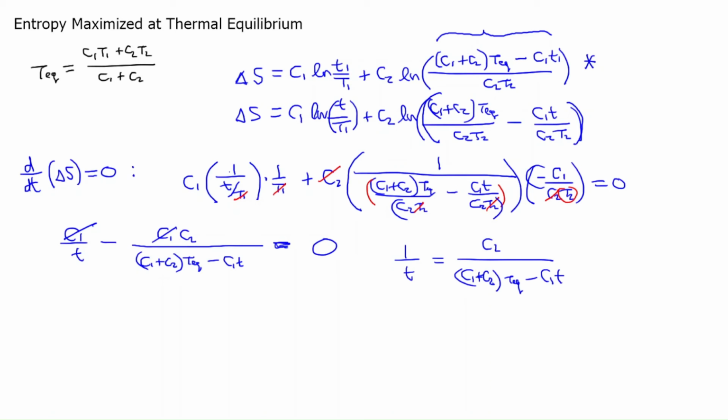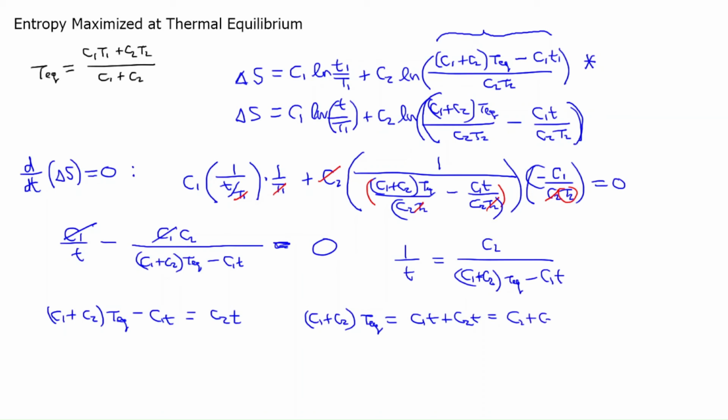Let's just cross multiply and get rid of the fractions. So C1 plus C2 times the equilibrium temperature equals, excuse me, making all kinds of mistakes here, C2 T, or C1 plus C2 times the equilibrium temperature equals C1 T plus C2 T.